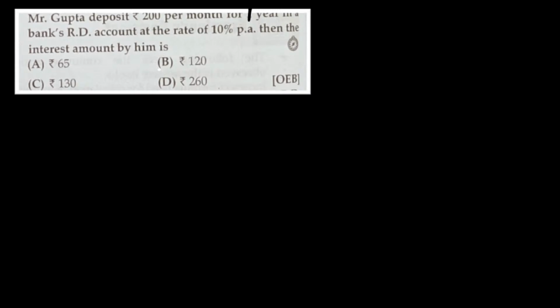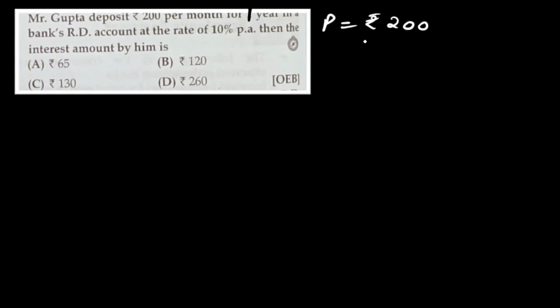The interest earned by him is, again, we have to find interest. Let's see what is given to us. Rupees 200 per month he is depositing, so P's value is given. P is equal to rupees 200, the amount deposited every month, which is known as the principal amount.